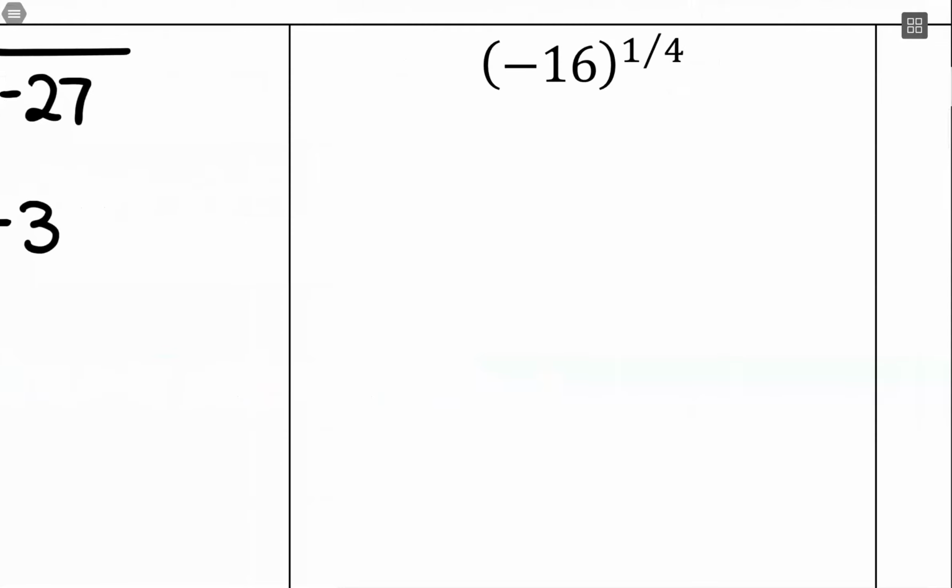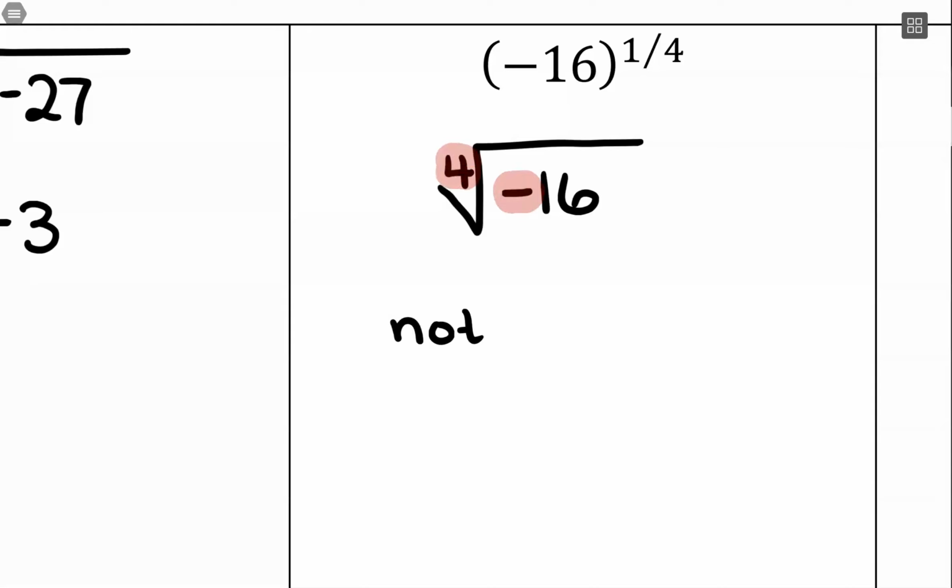With this one here, we're taking a 4th root of -16. Now with this case here, we have a negative number underneath and we're taking an even root, which we cannot do. So if you see an even number show up here and a negative number show up underneath, then our answer is that it is not a real number.